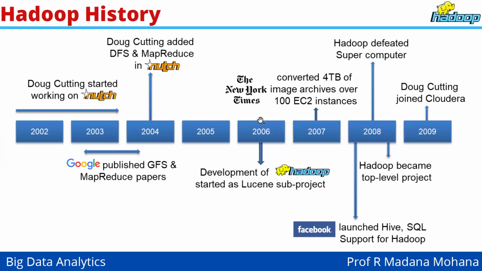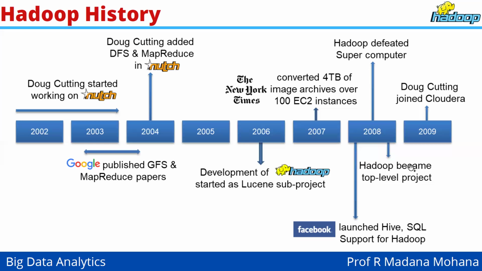Then in 2007, the New York Times converted 4 TB of image archives over 100 EC2 instances. Then in 2008, Facebook launched Hive, SQL support for Hadoop.